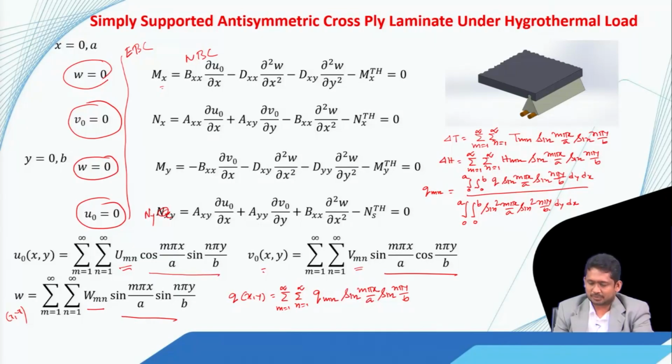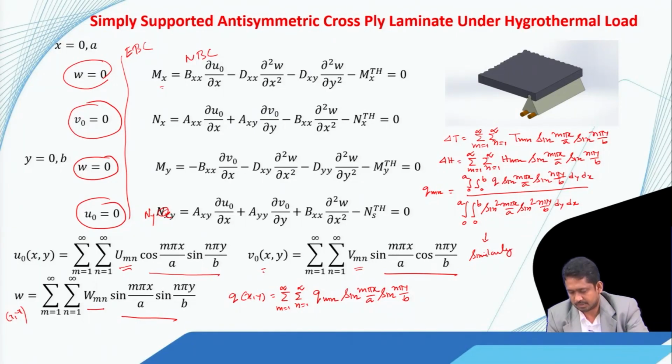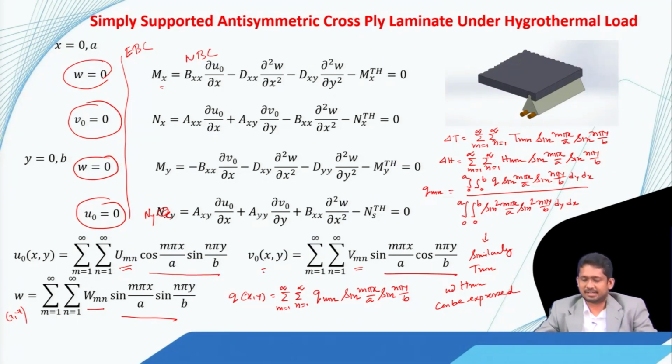Now, similarly, we can write Tmn and Hmn also. So, Tmn, Hmn, Qmn, everything is known to us. What is not known to us is Umn, Vmn and Wmn.